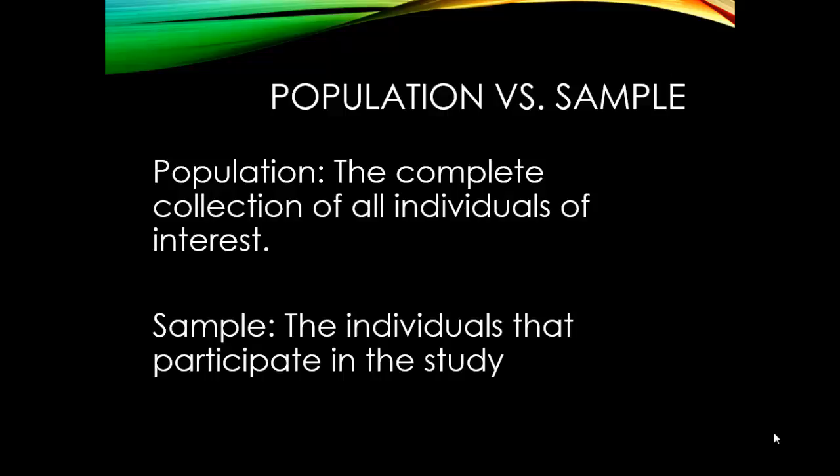Of course, we can't ask millions and millions of individuals in the population. Remember, this is the population for my study, which is the workforce of the United States. We can't ask the entire workforce. So we would have to take a sample, just a group of individuals that would participate in our study. Of course, we want to be careful of how we sample.